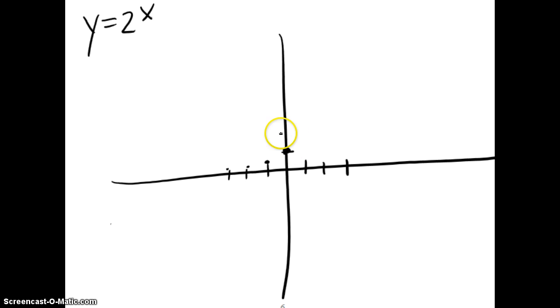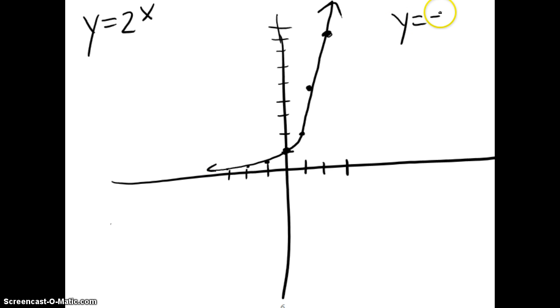At 1 I had 2. And this was my original. What if I want to draw a negative 2 to the x?